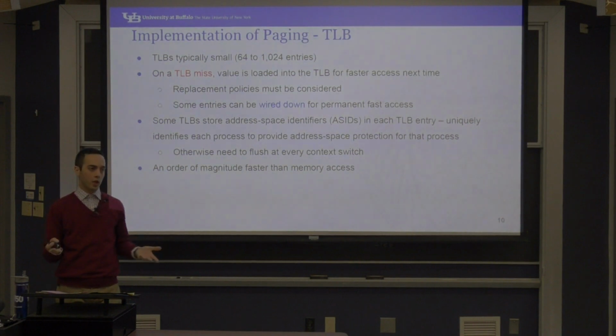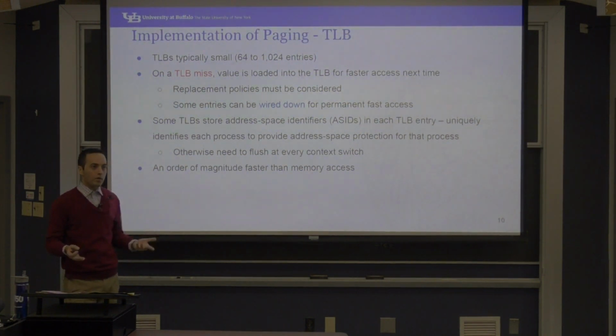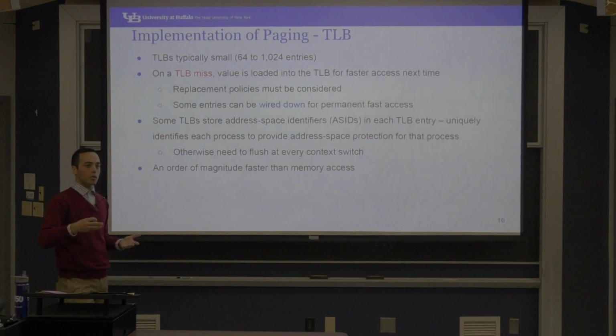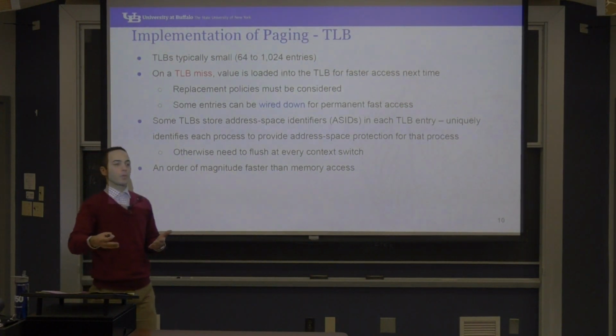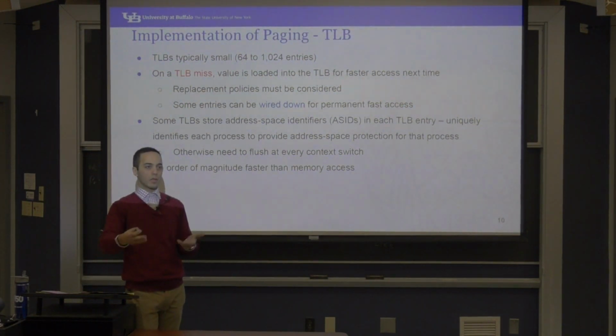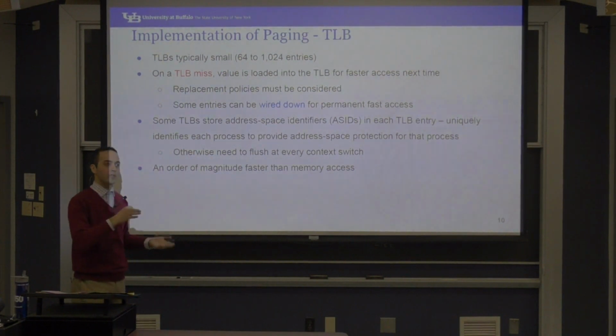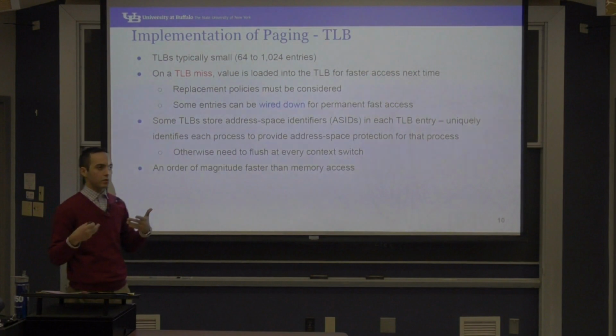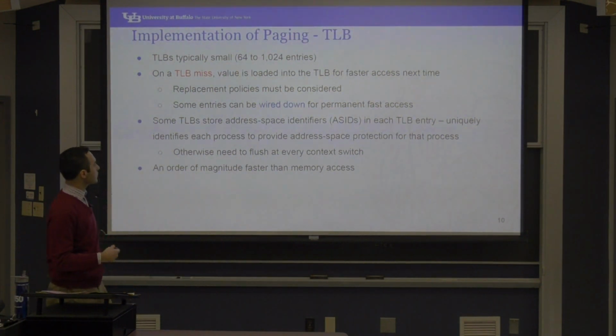For example, kernel code, right? The OS already knows what the pages are and where they are, so it knows which page entries will be accesses to the kernel code, so it can always keep those pages in the TLB for faster access, right? So the kernel code at least would run faster.